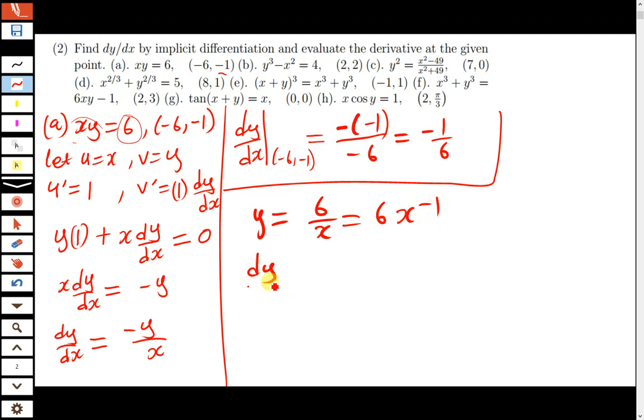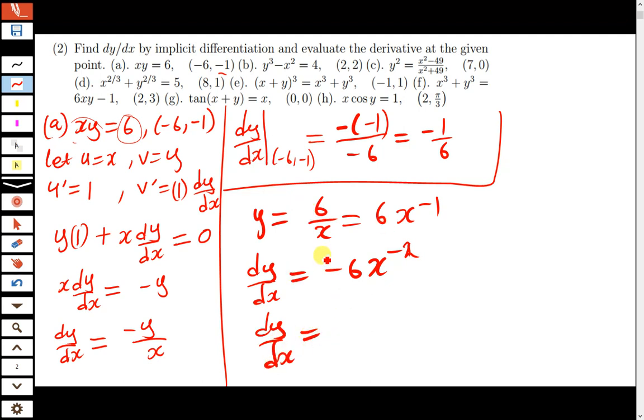So dy/dx is going to be equal to negative 6, and when you differentiate this, it will be negative 6x to the power negative 2, since we subtract 1 from the power negative 1.